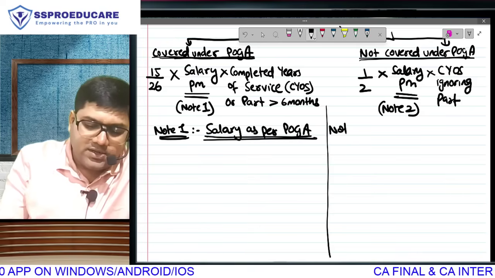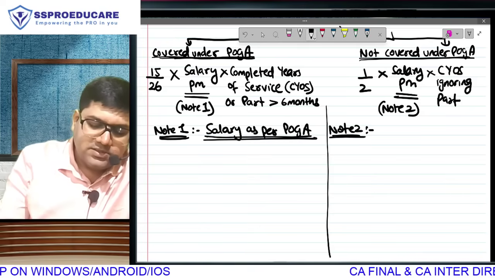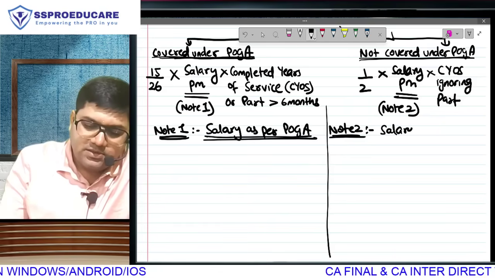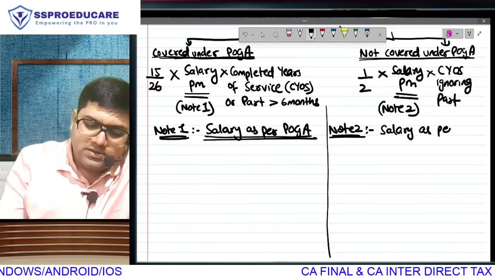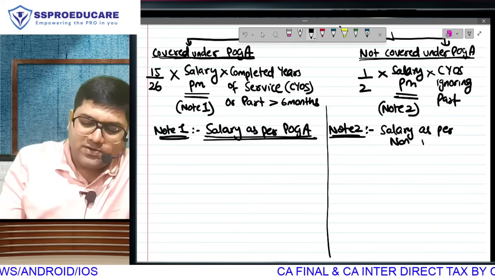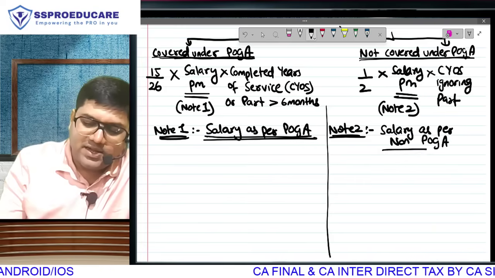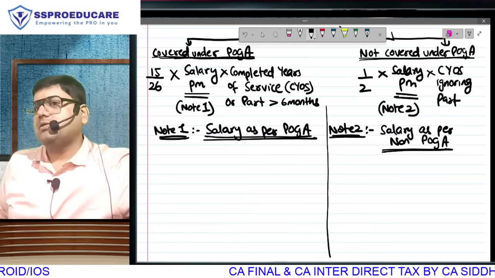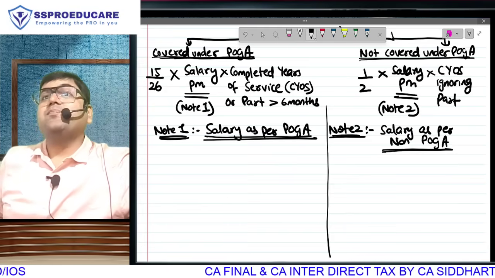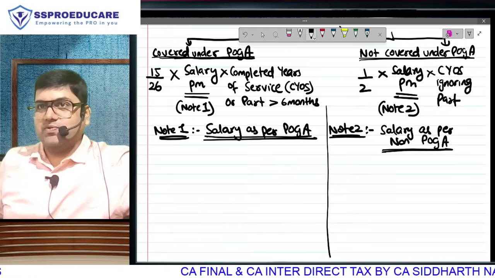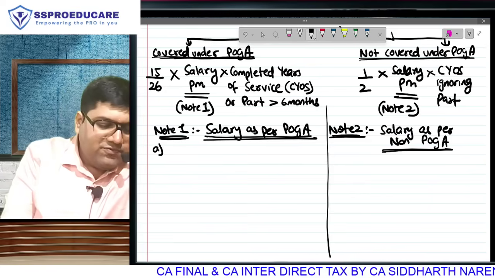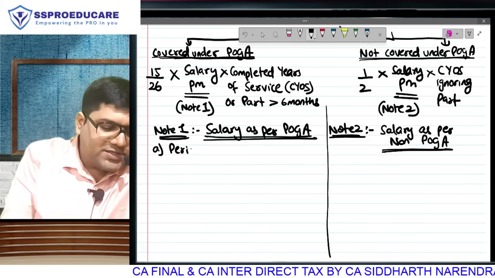And what is the salary calculation as per non-POGA cases, where non-POGA cases are obviously given directly under income tax. Under the monthly salary, we have to write two things. One, we have to take salary of which period.